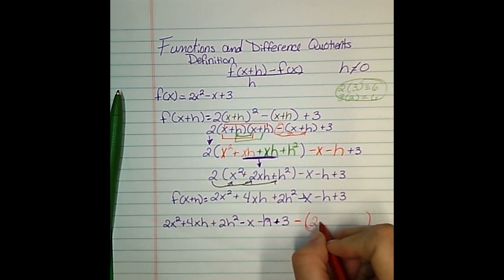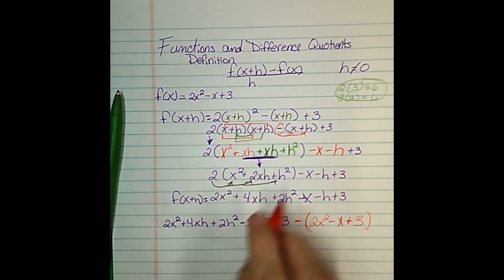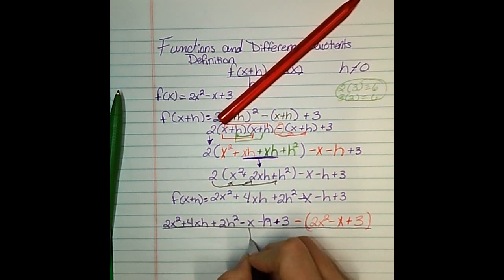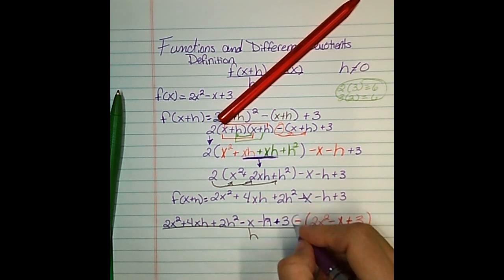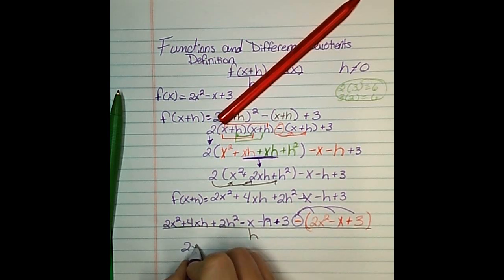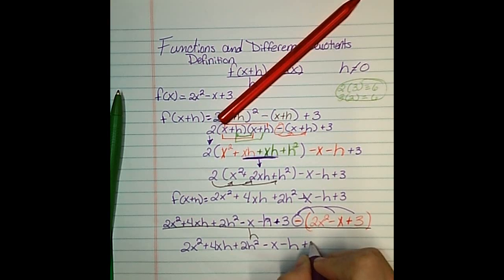It is 2x squared minus x plus 3. And this is all divided by h. Okay? So now, what I'm going to do is distribute this negative sign to everything inside here. So I got 2x squared plus 4xh plus 2h squared minus x minus h plus 3.